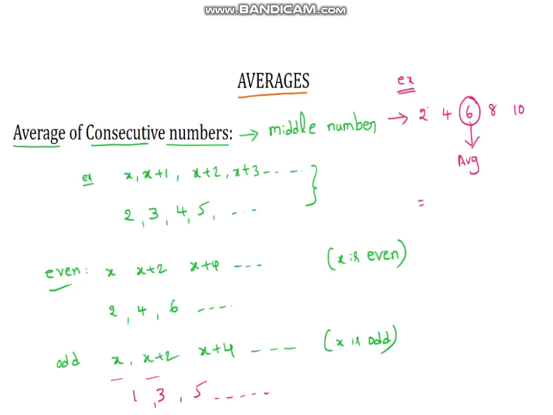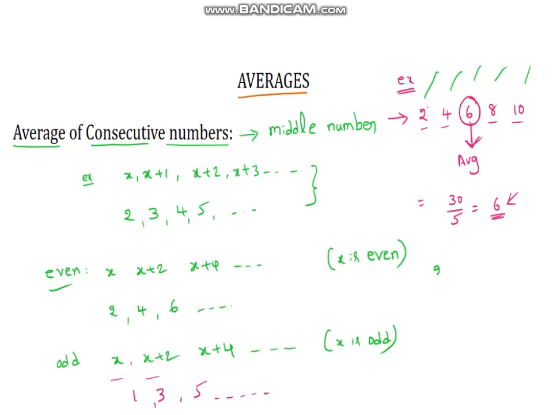Let us check here. 2 plus 4, 6. 6 plus 6, 12. 12 plus 8 is 20, plus 10 is 30. How many numbers? 5. 30 divided by 5 equals 6. So here also we get 6. For each and every set of consecutive numbers, the middle number is the average. Here there is an odd count of numbers, 1, 2, 3, 4, 5.